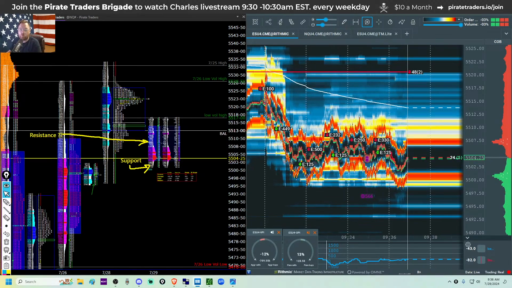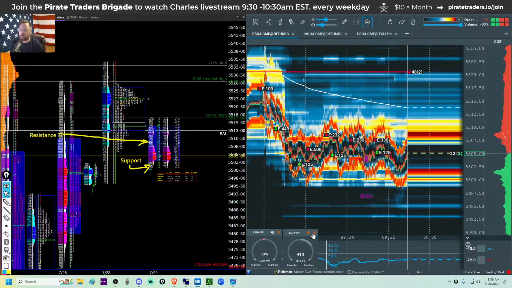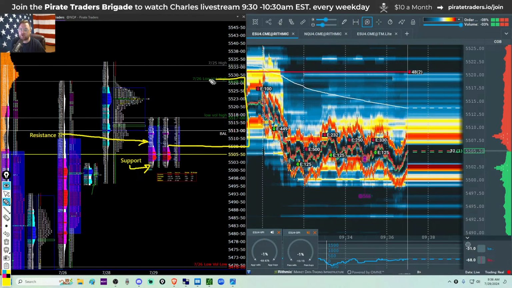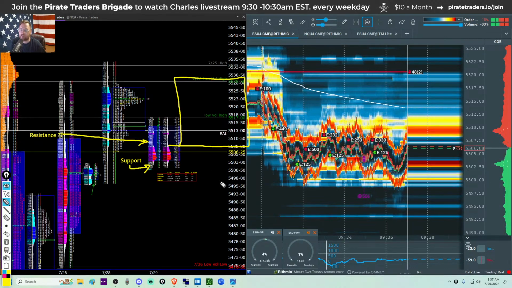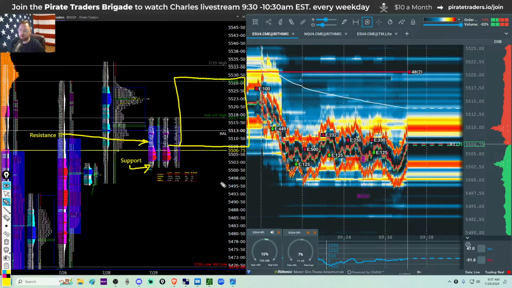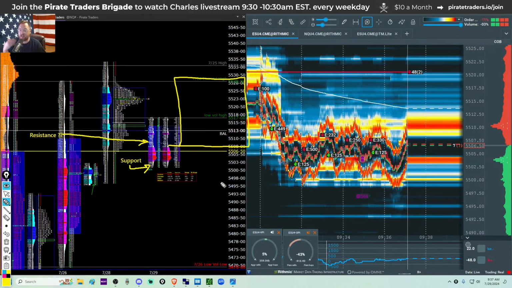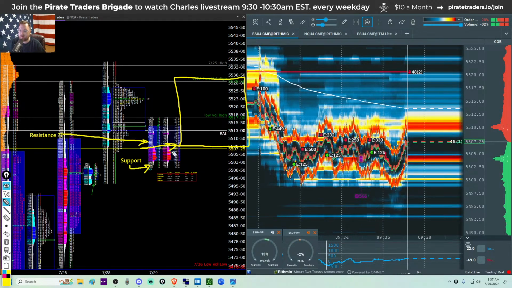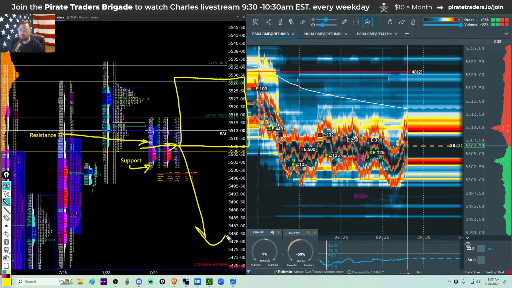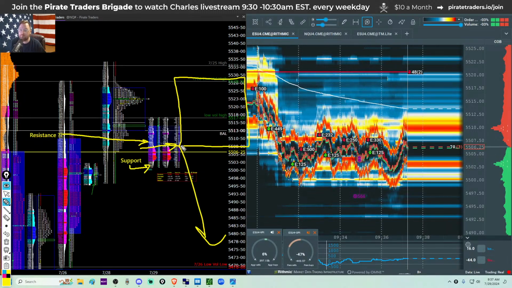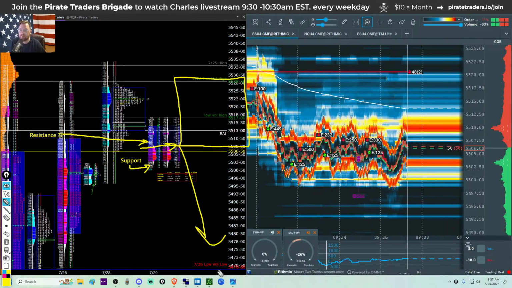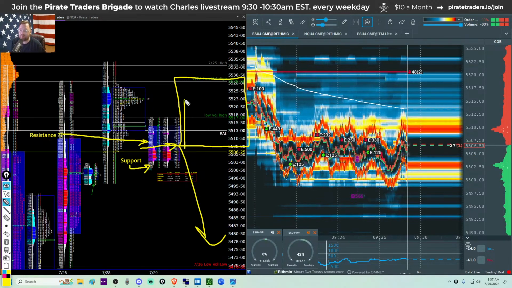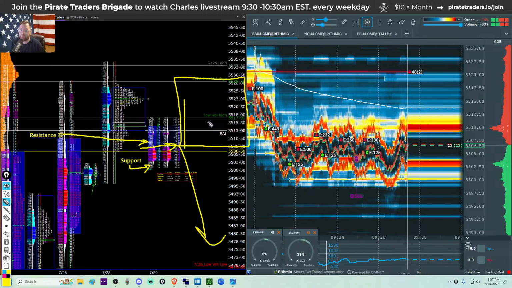What business happens where? Okay, so as we just discussed, I see this area here as a chop zone. What's the business that's going to happen there? A lot of two-sided trade, a lot of up and down and up and down and up and down. So if we start to get resistance right here, that tells me the market's going straight down, right? That resistance would be bearish for a move to the downside. Because if they don't want it to go to the downside, they should get back up in the chop zone so they can do some more chopping, right?